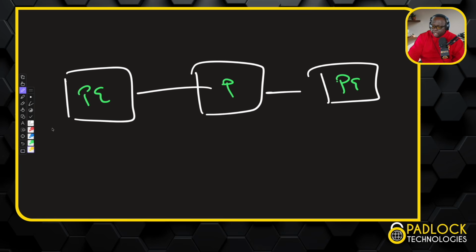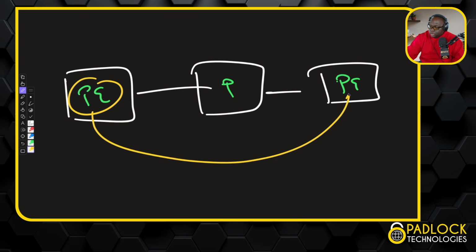So it's, hey, how do I get from PE1 to PE2 as efficiently as possible without doing a 32-bit lookup, right? That's all it is. And in this setup, you're going to have a push or impose of the label. The P routers are going to swap the label.